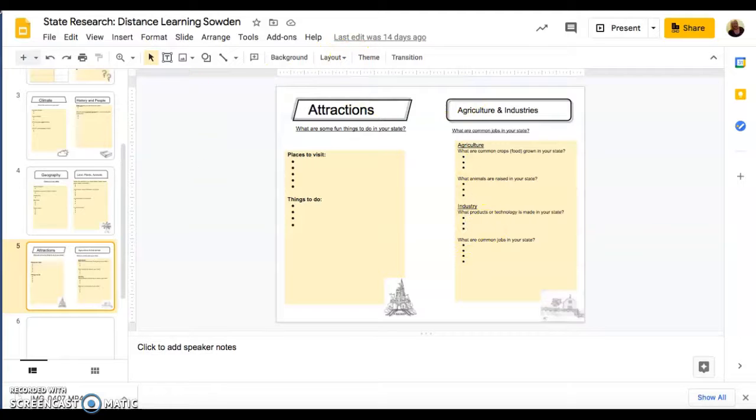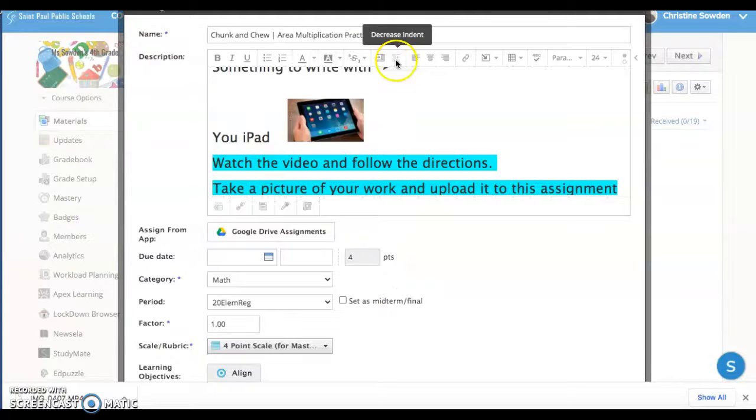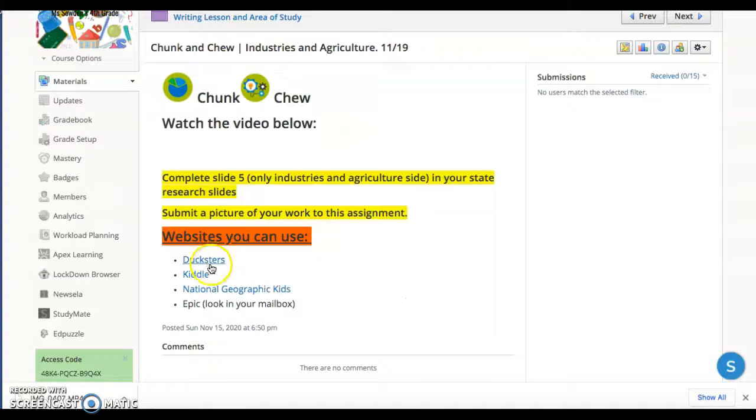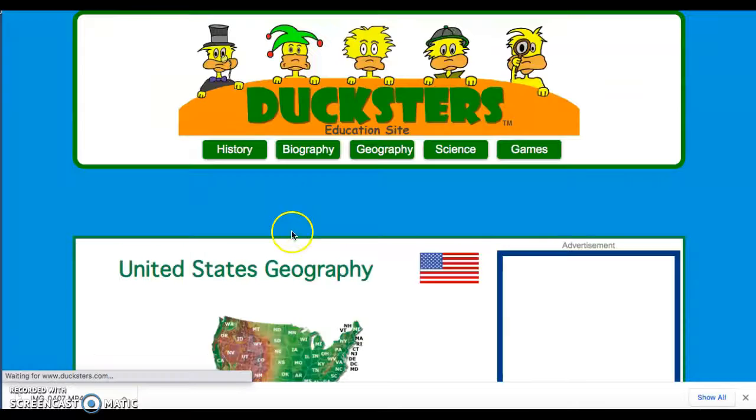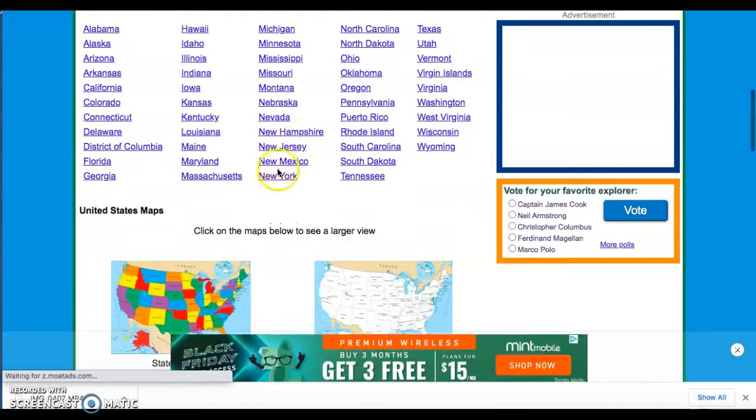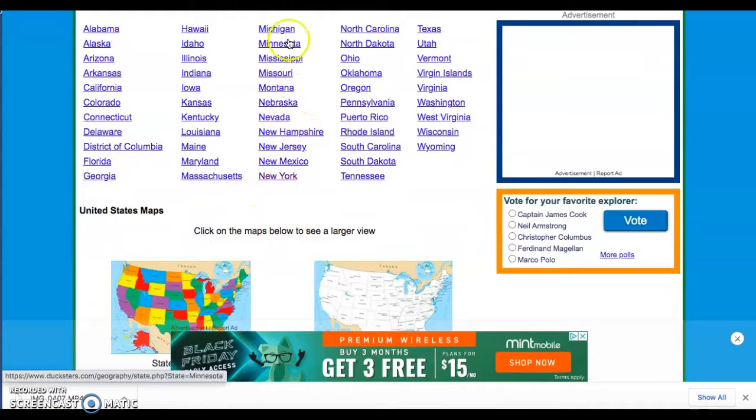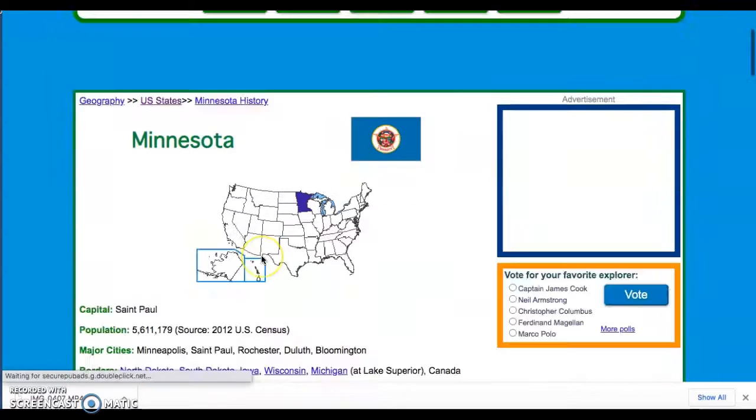So again, what you're going to do is go to one of the websites, and I would suggest you can start with Ducksters. I'm just going to use Minnesota as an example.